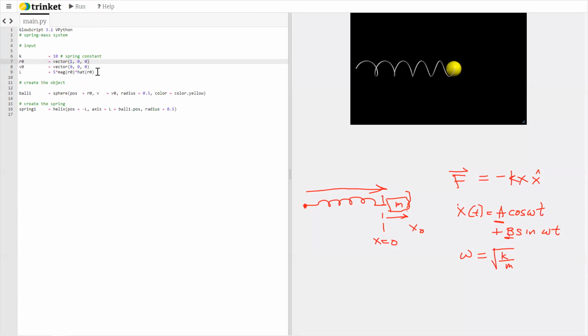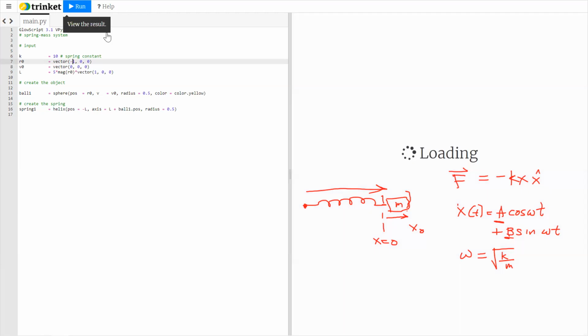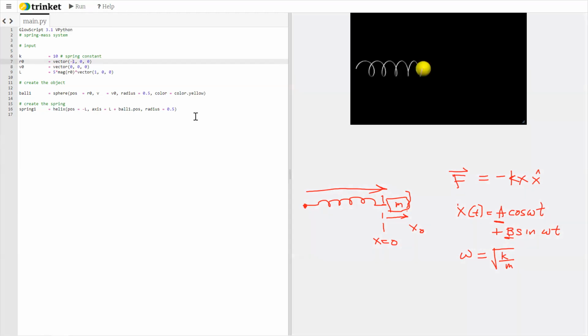So to maintain the orientation of the spring in the positive x direction, you need to specify x hat, vector 1, 0, 0. If you make it negative, you will get the same spring orientation. It will just be compressed when negative.